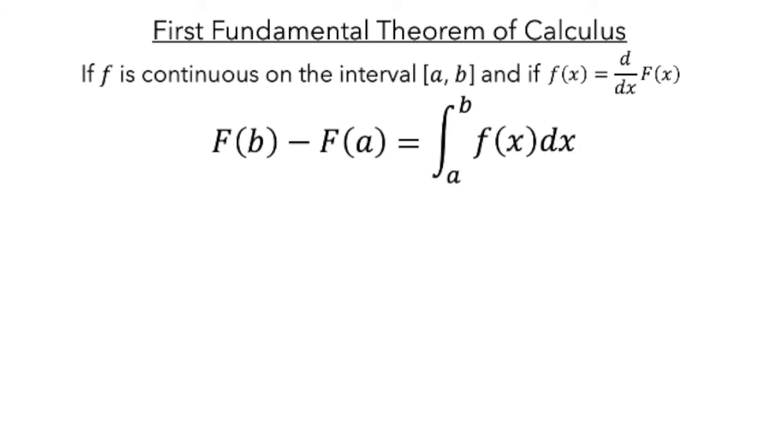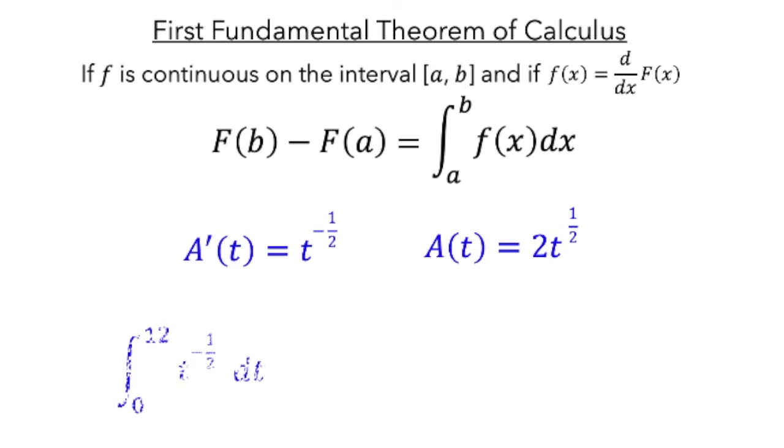So for example, in the case of the air scrubber, let's suppose that a prime of t, the rate at which CO2 is removed, was equal to t to the negative 1/2 power. If we know how to identify antiderivatives, then we'll find that a of t, the function that a prime is the derivative of, is 2t to the 1/2 power.